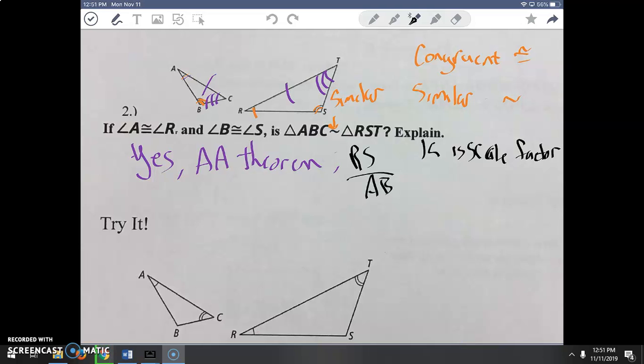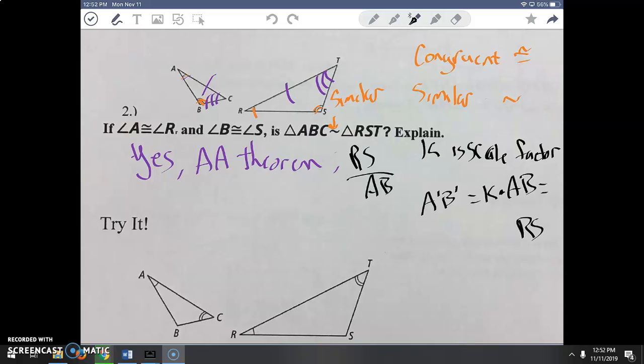So A prime B prime is equal to K times AB, which is equal to RS.